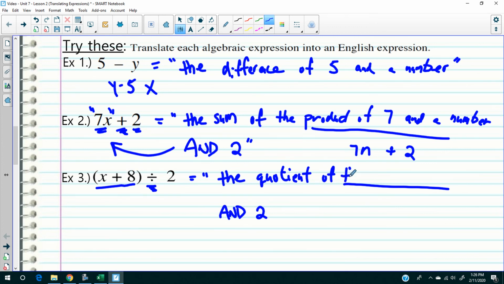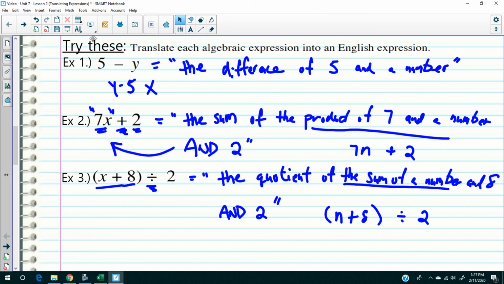Right, the sum of a number and 8, and 2. So one more time: the quotient of the sum of a number and 8 and 2. Okay, so this is pretty tough. I gotta say, it's not easy. All right, so let me stop it here, and thanks for watching.